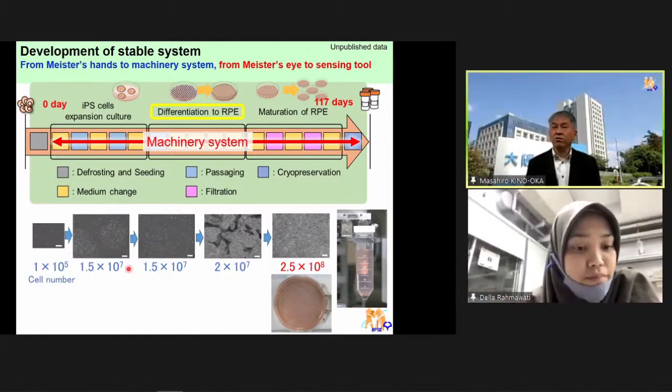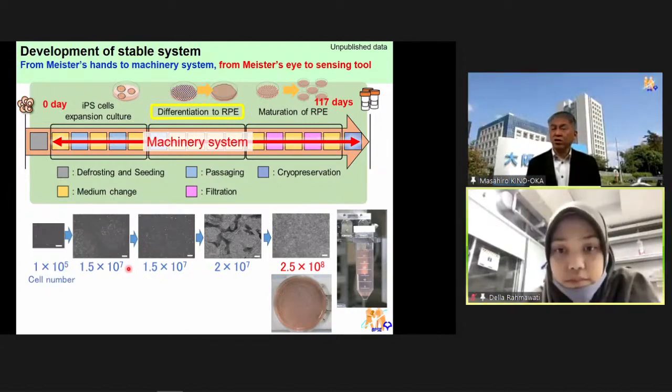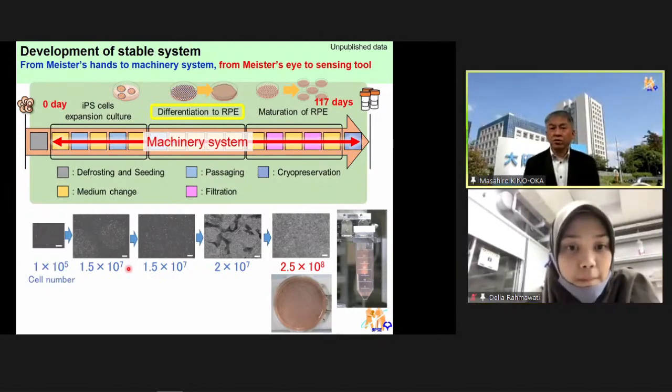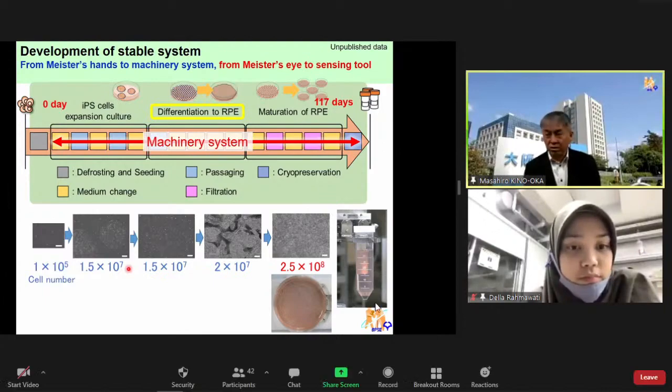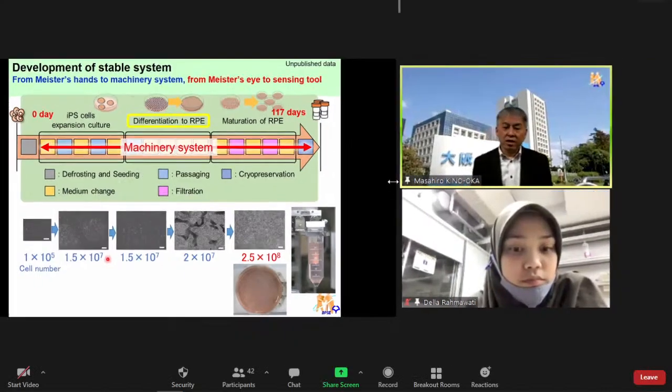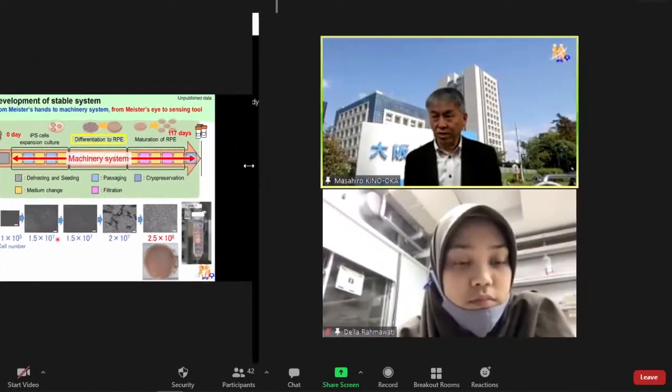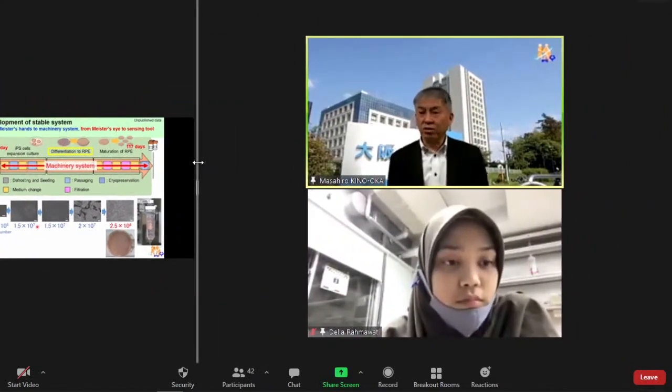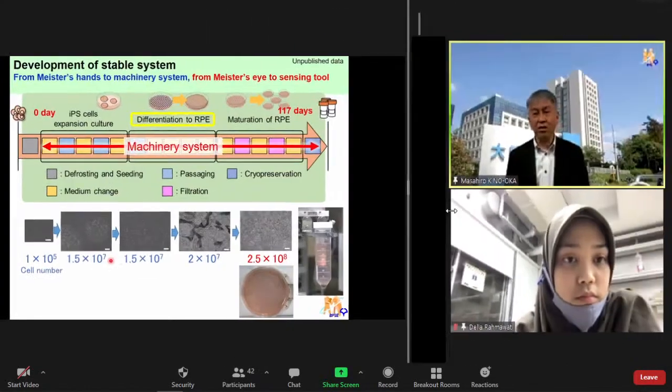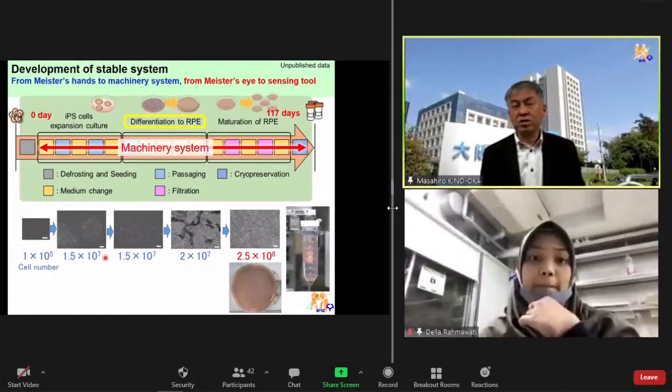For the cells' clinical application, practically we have a purification system such as a flow cytometry technique, I mean the cell sorter system. But this speed, I mean the preparation, is not fast.